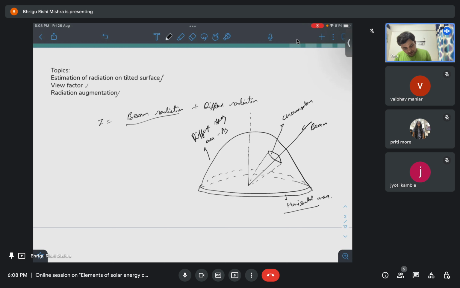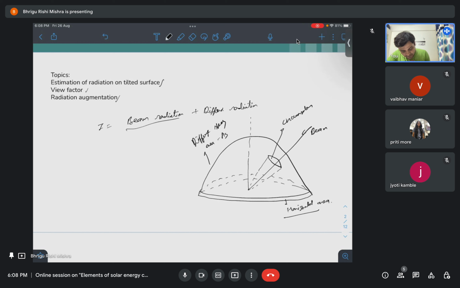Okay, so simply I can write here IT is the radiation on a tilted surface. So IT is nothing but IT,B plus IT,D,ISO.